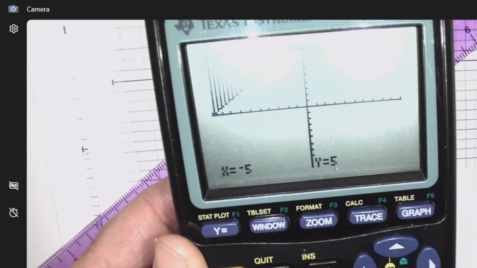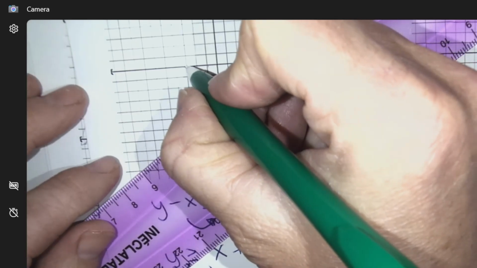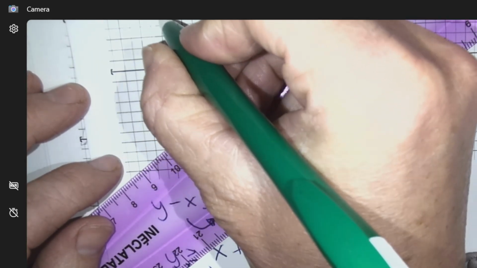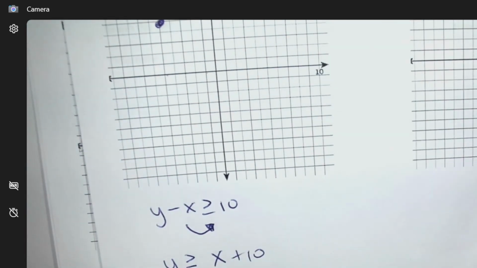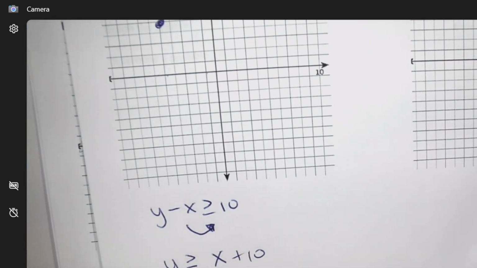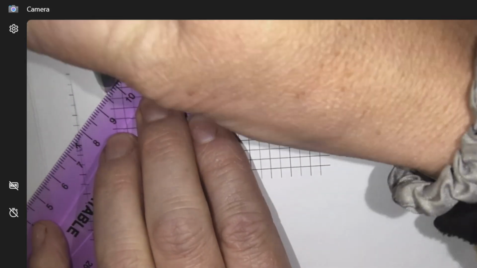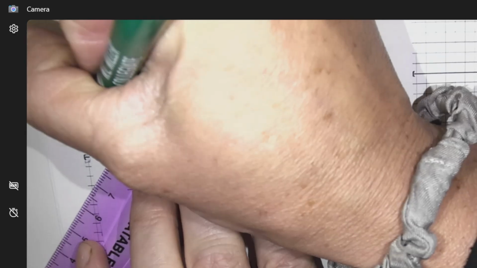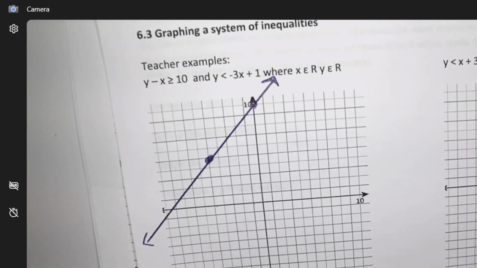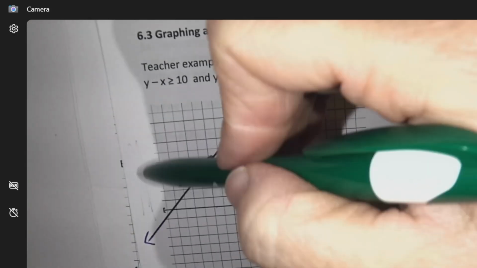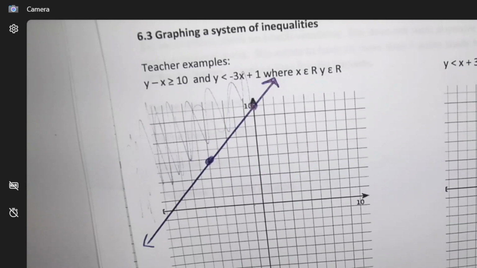So there's another point, (-5, 5). As soon as I can get 2 points, either using my trace button or my table, I'm going to graph. So we said I can be on the line. I'm not going to do this very hard, but I'm going to just lightly shade the greater direction, just lightly, because it's not the answer.